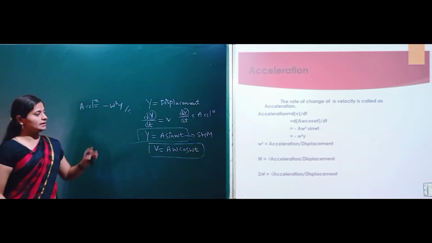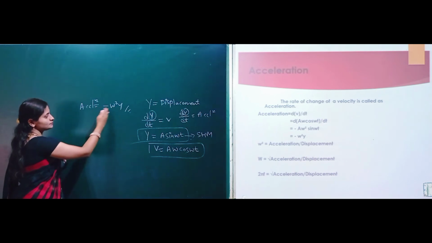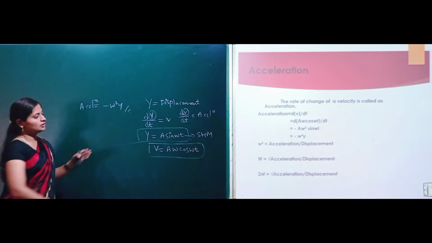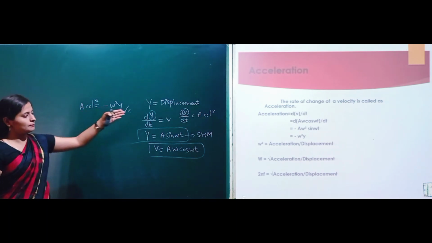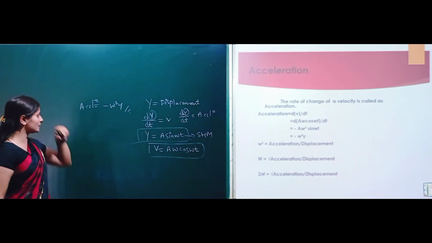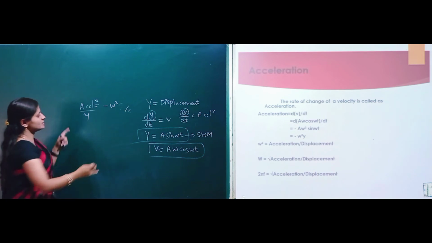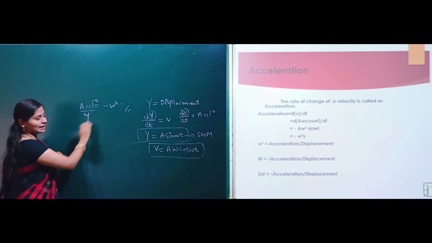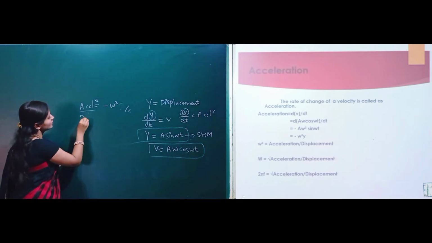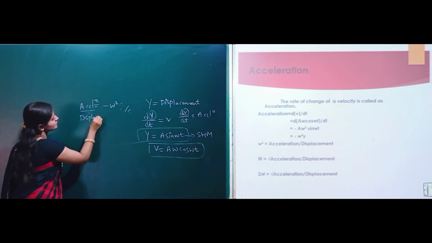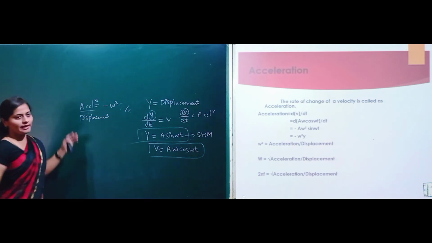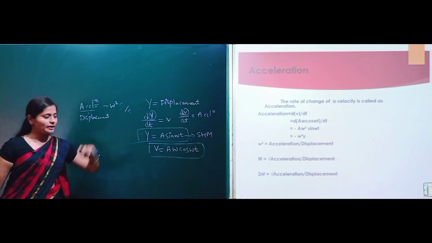Okay. So see here, next we have to simplify this equation. So acceleration by displacement equal to omega square. Here we are taking y, and y is nothing but displacement. So acceleration by displacement equal to omega square.